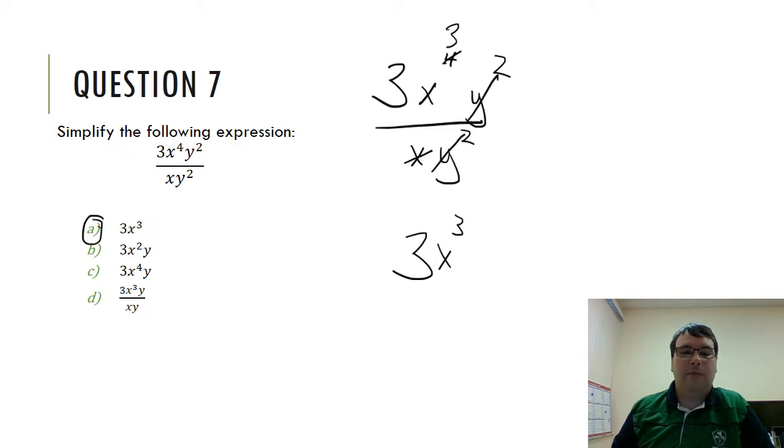So they're gone. Now, I can cancel one of these x's with one of the x's in the numerator, and that would leave me only 3 x's in the numerator. So I'm looking at 3 as a leftover term, x to the third, and there's nothing left over. So my answer choice here is A.